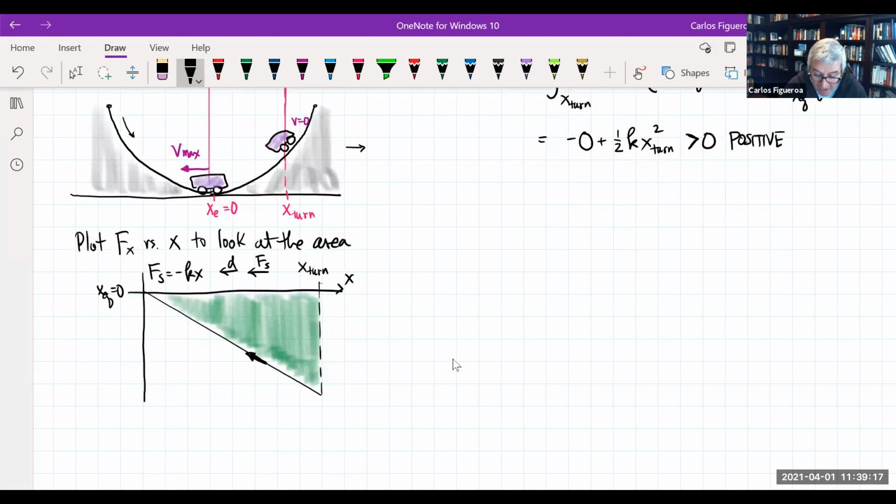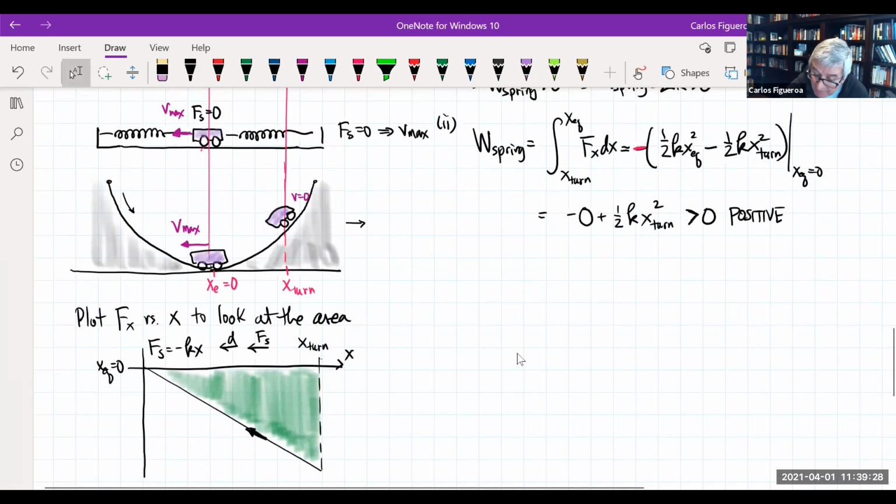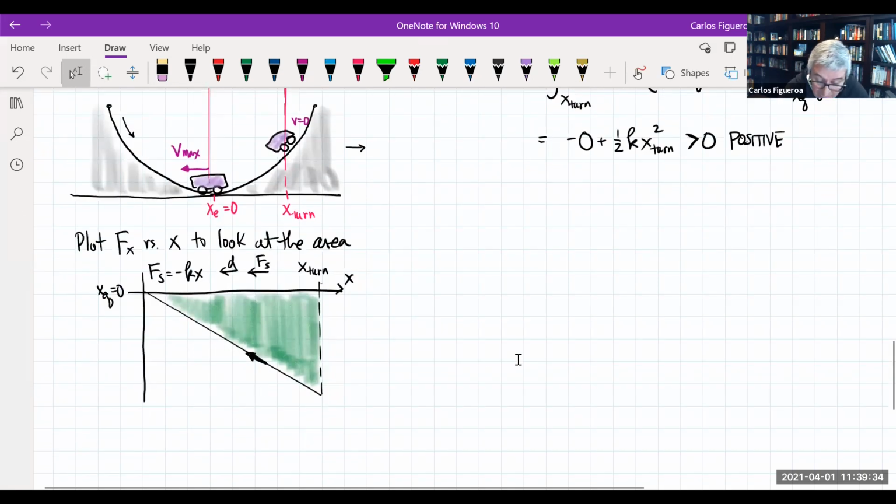That is positive. So how can this area that looks negative be positive, right? Because that's what we calculated, right? That's what we calculated right here. So how could that be? Check it out. Look at this point right here. If you look at this point right here, it is more negative.